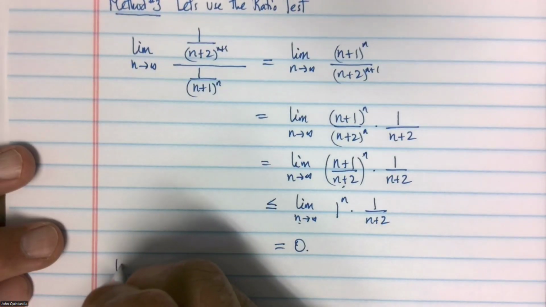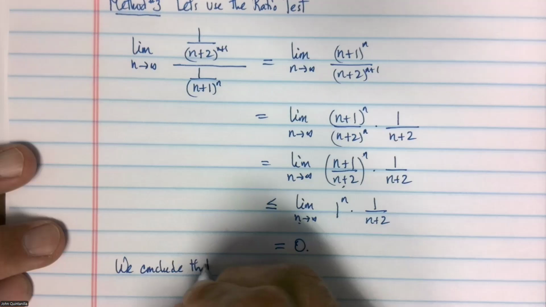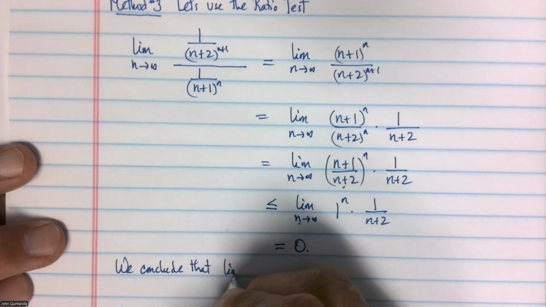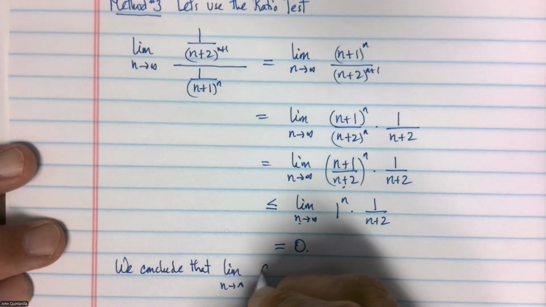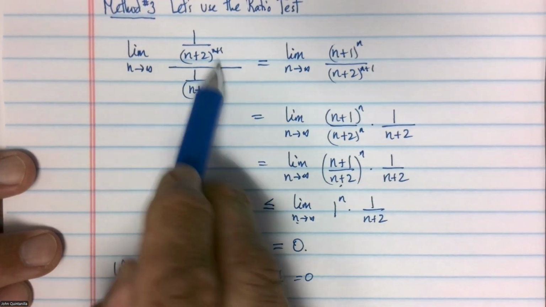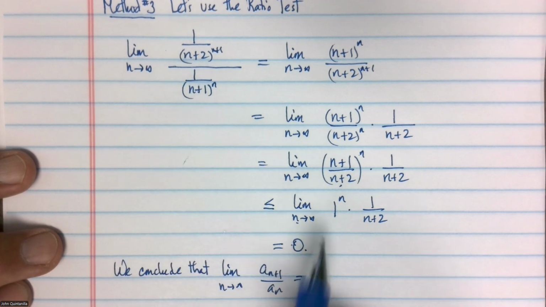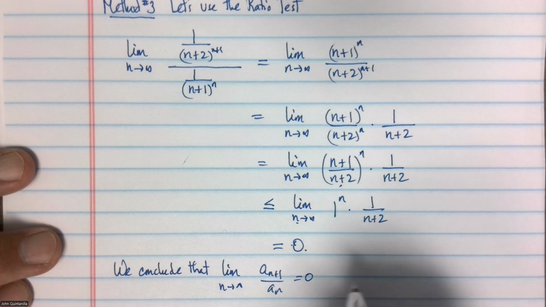And so we conclude that the limit as n approaches infinity of a sub n plus 1 over a sub n is equal to 0. This limit is non-negative, and it's less than or equal to 0. The only way that happens is if the limit is equal to 0.